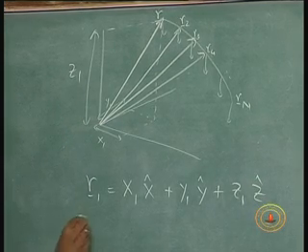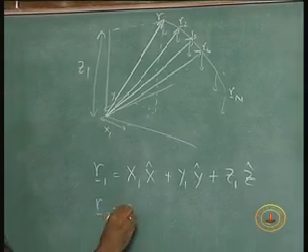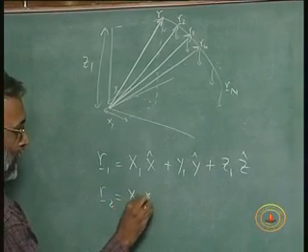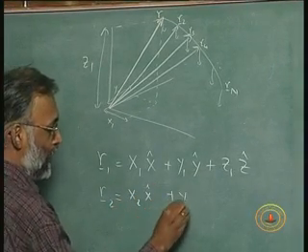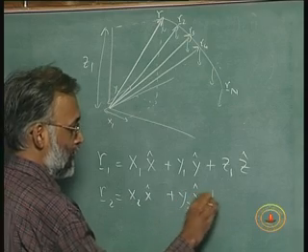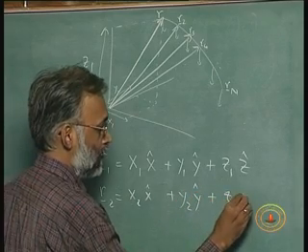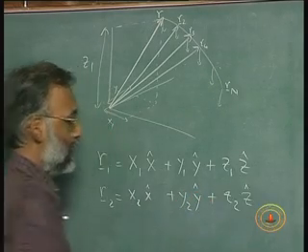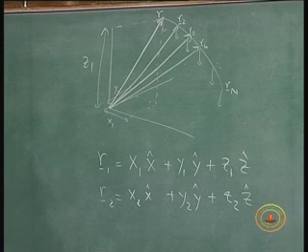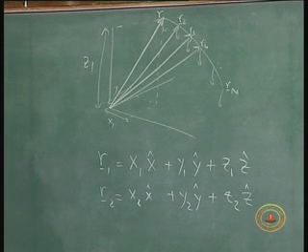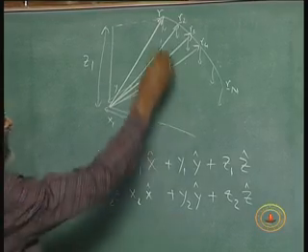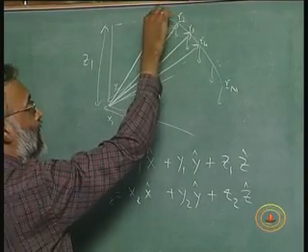Similarly, R2 is x2 along x direction, y2 along y direction plus z2 along z direction and so on. Now the distance between R1 and R2 is this vector.